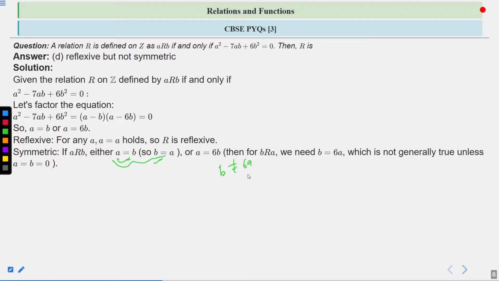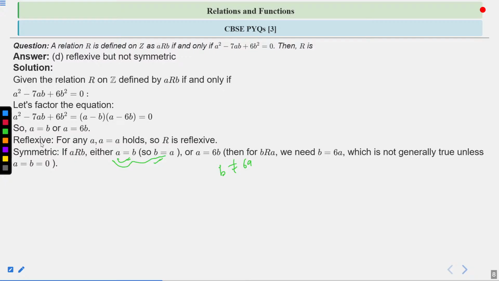Then for B related to A, we need B equal to 6A, which is not generally true. It is true only in one case, when A equals B equals 0. So it is not symmetric.